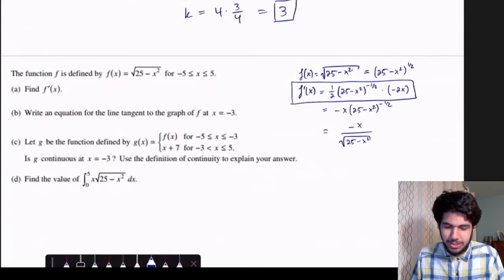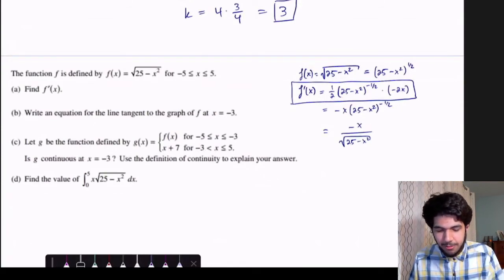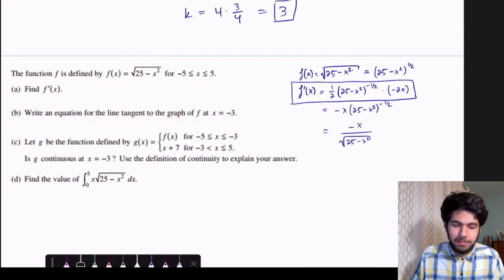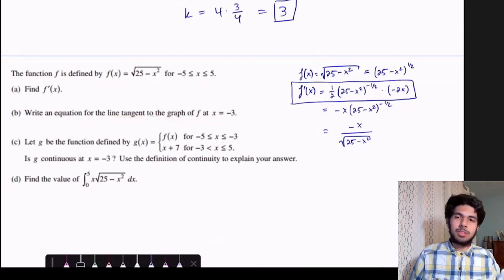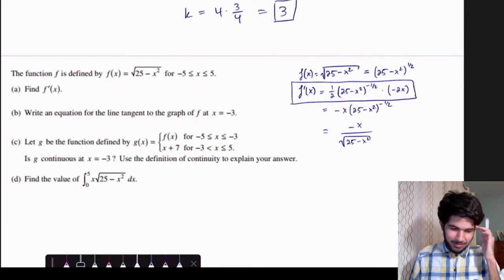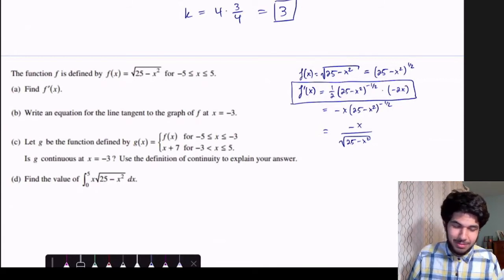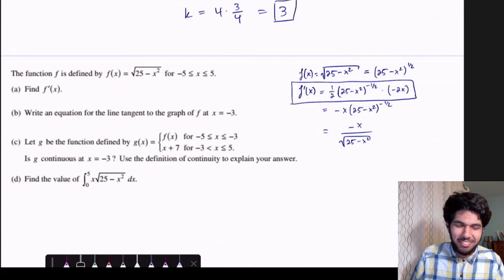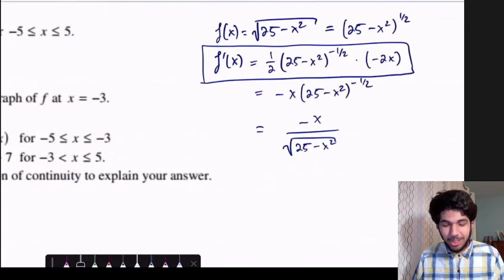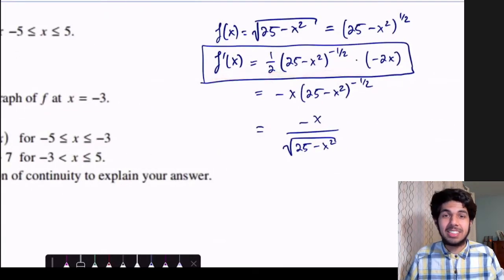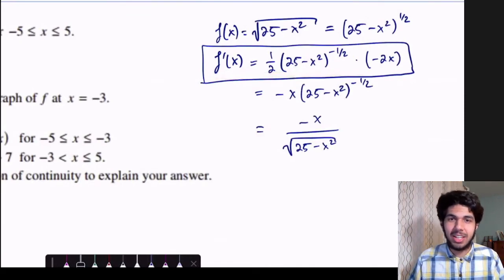It's better for you. So now we want to write an equation for the line tangent to the graph at x equals negative 3. Okay, wow, we're really needing to think about what this stuff means. Tangent lines, it feels like forever ago. So recall that the first derivative gives us the slope of the tangent line at a specific point.